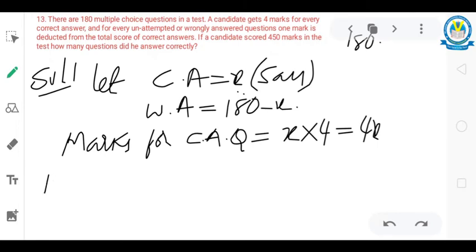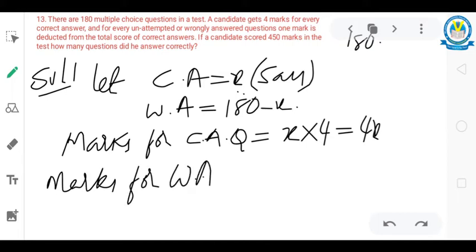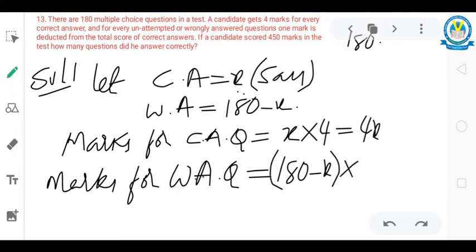Next, marks for wrong answer questions: how many questions? 180 minus x questions. Each question reduces 1 mark, so 1. So 180 minus x into 1, that is 180 minus x.